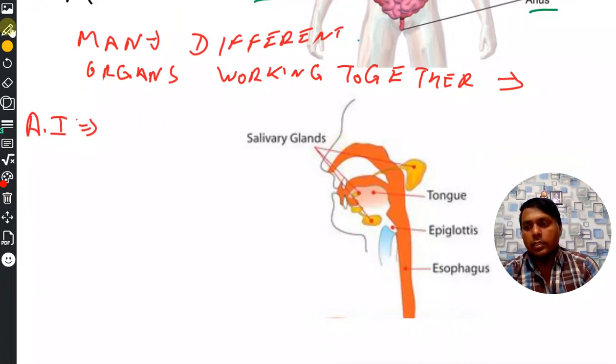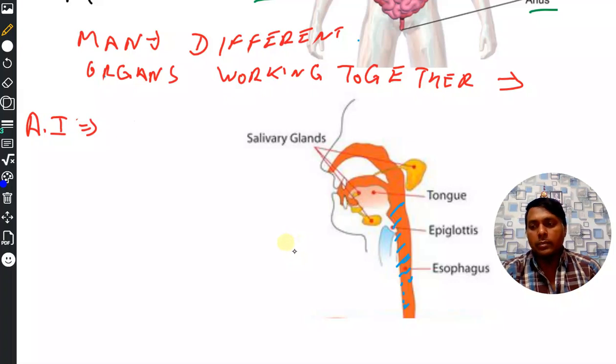The digestive system is a body system that breaks down complex food. Basically, we have to chew the food to make it small with the help of teeth, right? It is always said that we have to chew the food so it doesn't choke in our alimentary canal, right?